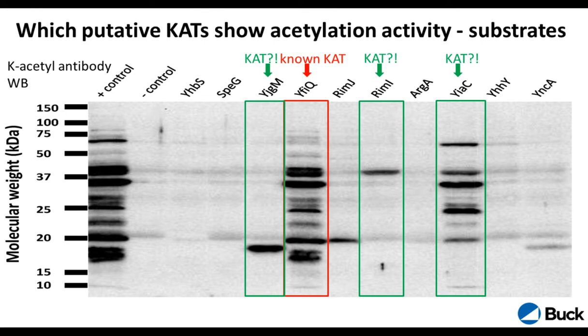These are also Cell Signaling antibodies that are made more for Western blotting. So if a strain overexpresses a potential KAT, and in the anti-acetyl Western blot you don't see a signal, that's not really an interesting target for doing mass spectrometry on afterwards.